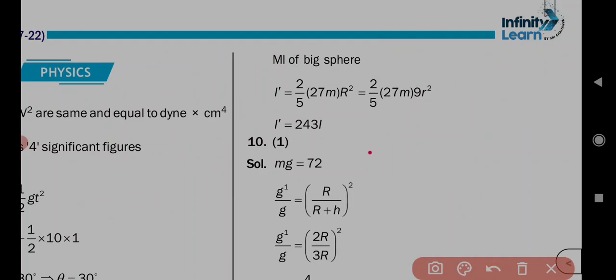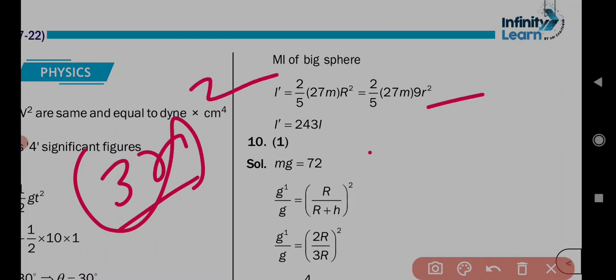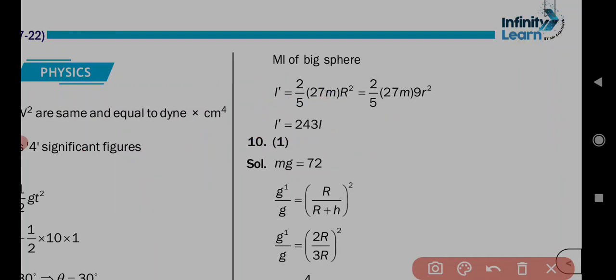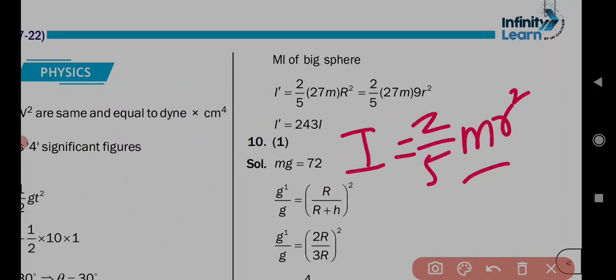Okay, so from there we got 3r, right? If you square it, because mr square is there, and 27 as it is, this will become 243I. So this is a very important question, guys. Do it, learn it, understand it. What you need to do is, I dash is for a solid sphere 2 by 5 mr square. Instead of m, I'm taking 27m, because there are 27 small spheres.